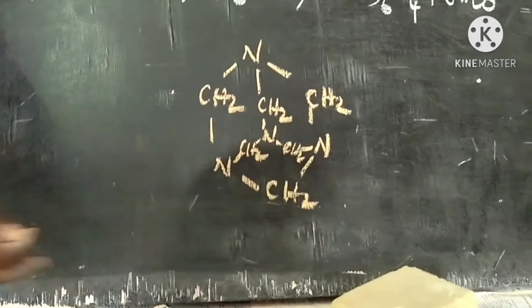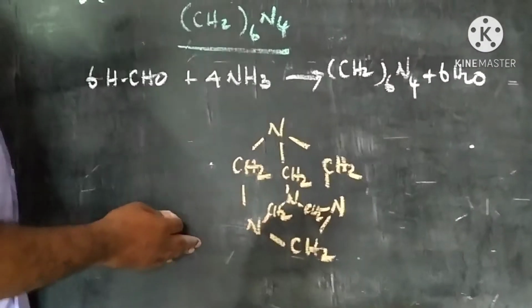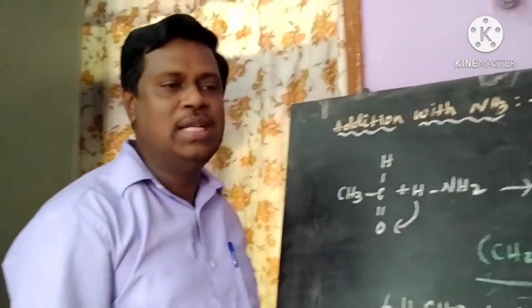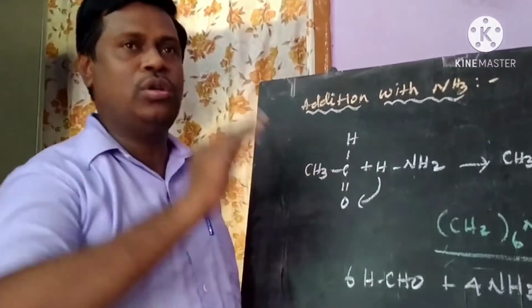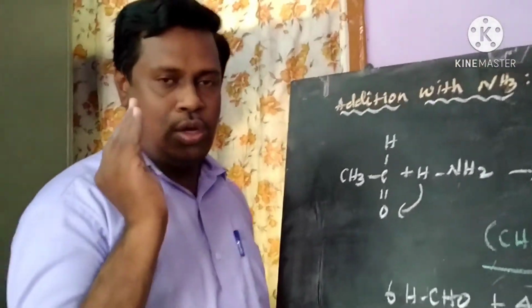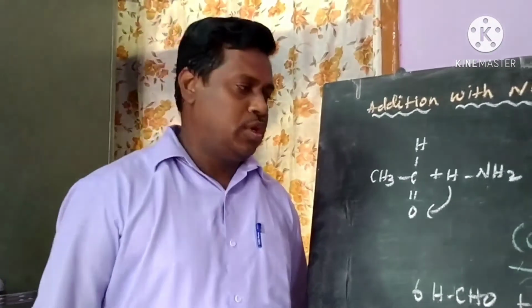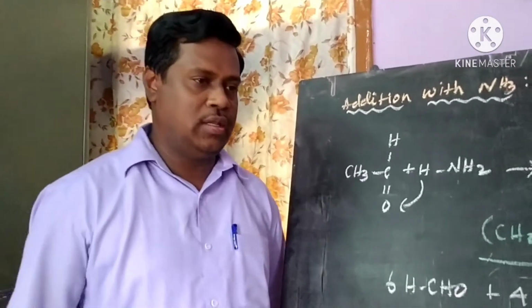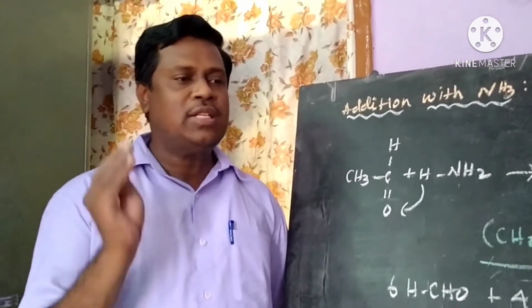Okay, the next topic, uses of urotropin. Urotropin is used as a medicine to treat urinary infection. It is there in its name, urinary infection. The next point, just 2 uses only here.